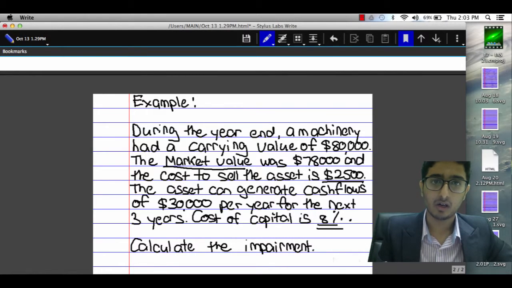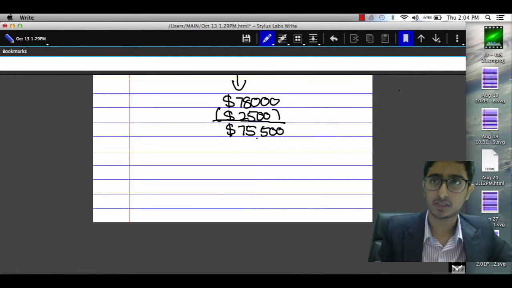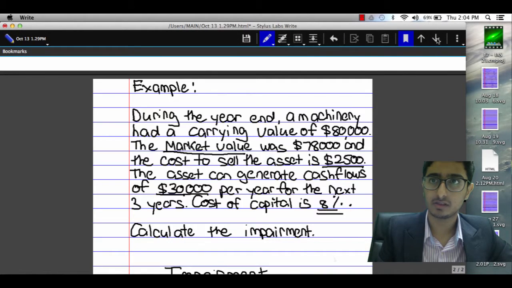Now, the asset can generate cash flows of $30,000. So we know our cash flows, but how do we actually discount it using a discount rate of 8%? Let me just explain it first in the next slide. Sorry.